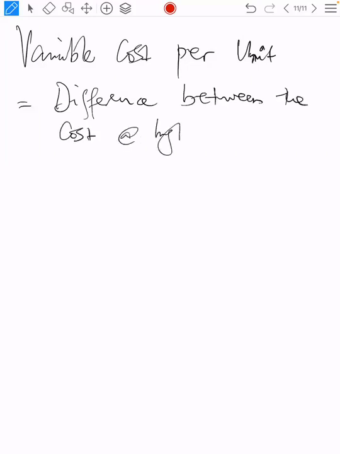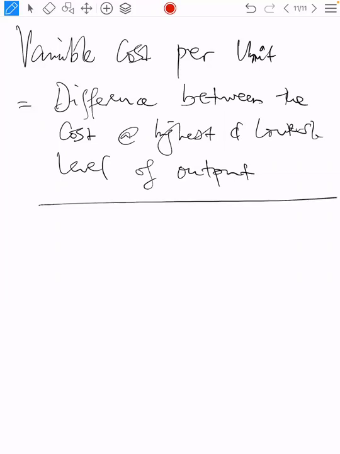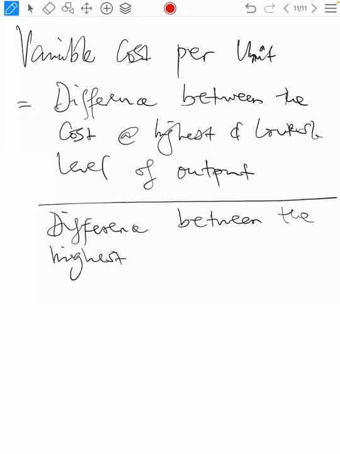The variable cost per unit is determined as follows. Using the high-low method, we are going to say the difference between the cost at the highest and lowest level of output, divided by the difference between the highest and lowest output level.